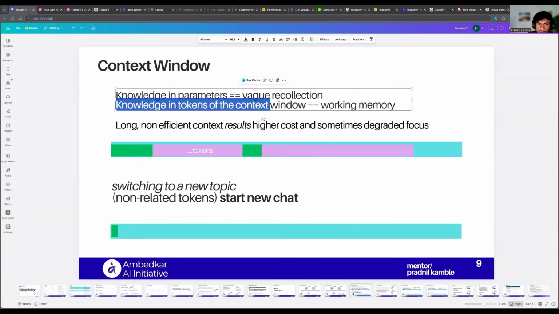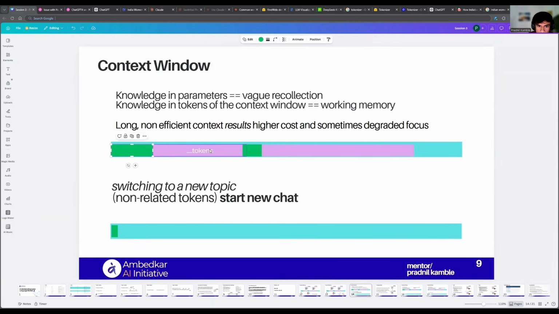But the knowledge in the tokens, which are these places inside the context window, is really the working memory. So you have to think about how you can use this working memory in the wisest way, because you don't want to load it with something that is of no interest to the solution you are seeking. You have to use this space very wisely.